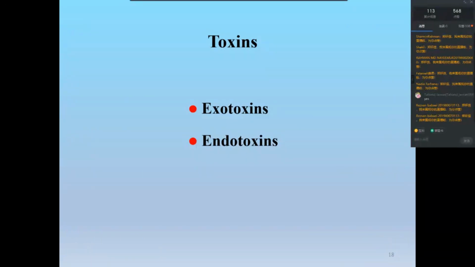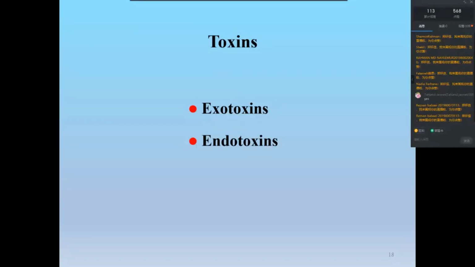Okay. The next topic we'll talk about is toxins. Pathogens, different microorganisms, they can produce different types of toxins, and according to the material property of the toxins, there are two types of toxins.